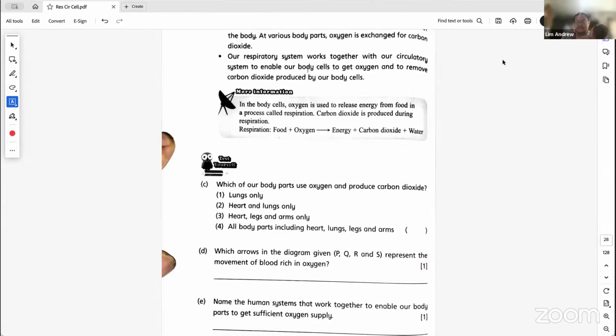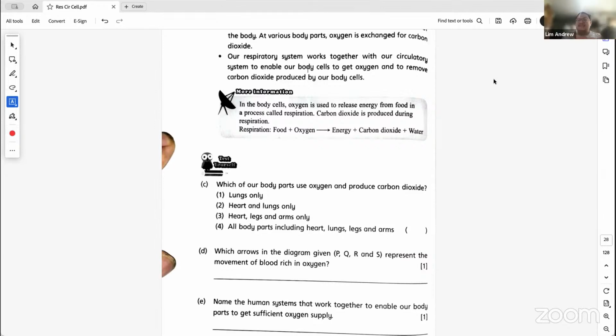Thank you very much. Actually, the answer is number 4, because all our body parts use oxygen and produce carbon dioxide. So remember the explanation: from the heart to all parts of our body, the heart will be pumping all the oxygen and all the digested food to all parts of the body. When you say all parts, that means including heart, lungs, legs, and arms, all will need oxygen.